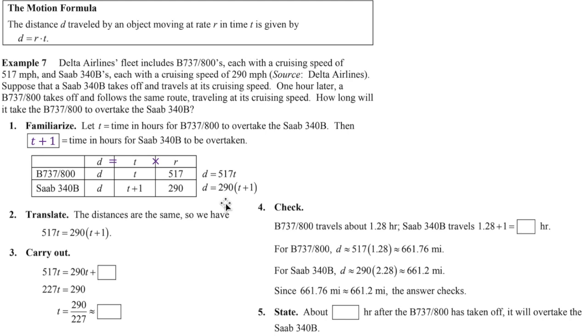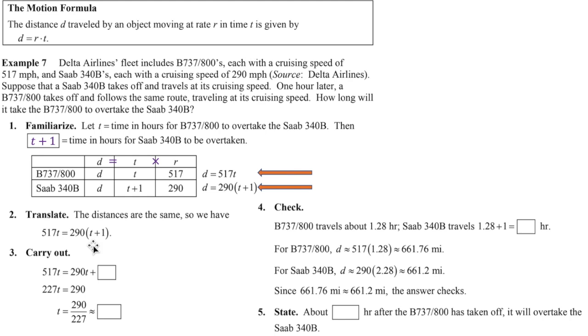Once one airplane overtakes the other, they will have traveled an equal distance, except one has been traveling longer than the other. So when I set this equation up, notice that I have 517t is equal to 290 times t plus 1, because the distance they have traveled in the air is the same.